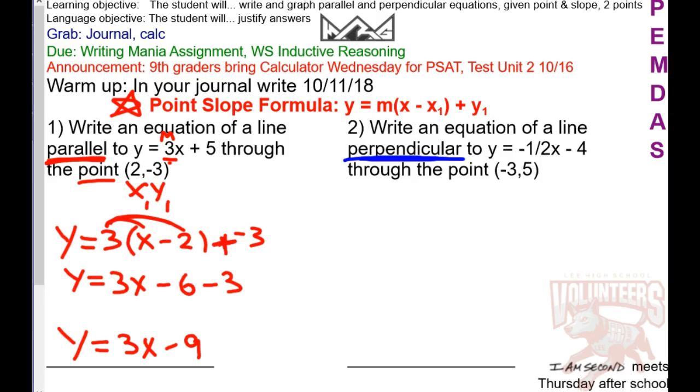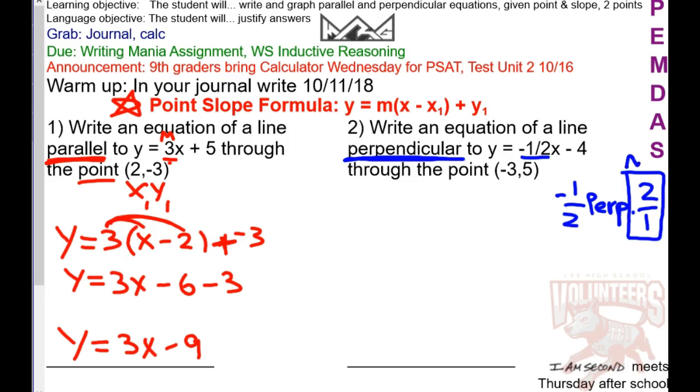Again, every time you see perpendicular, if I were you, I would write that slope somewhere off to the side. I like to write perpendicular because that's what I'm talking about. And do the 2 changes. So negative becomes positive. 1 over 2 flips to become 2 over 1.